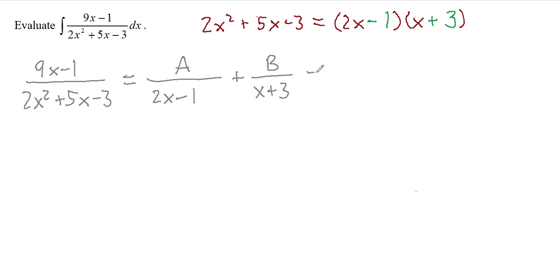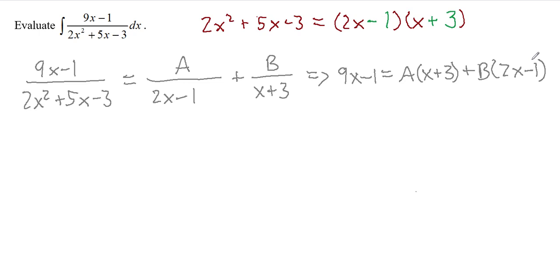So this means we need to solve the equation 9x minus 1 is equal to a times x plus 3 plus b times 2x minus 1.